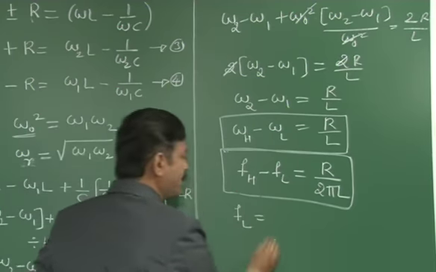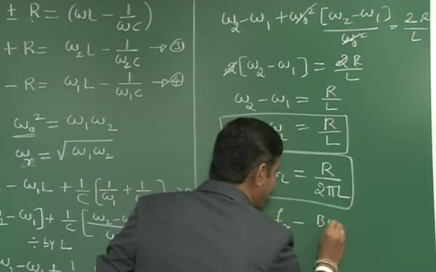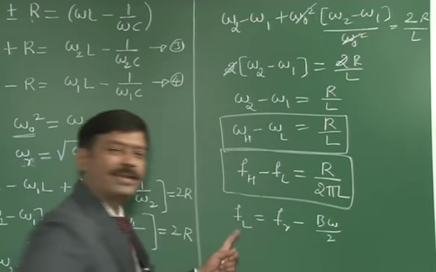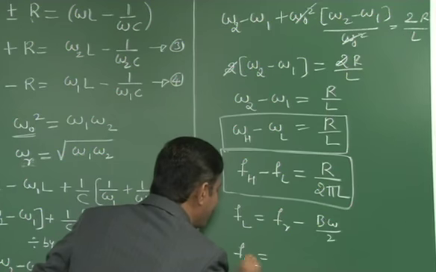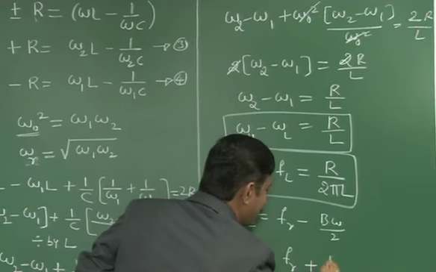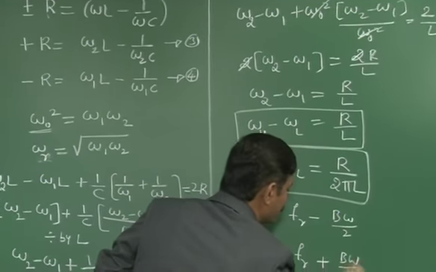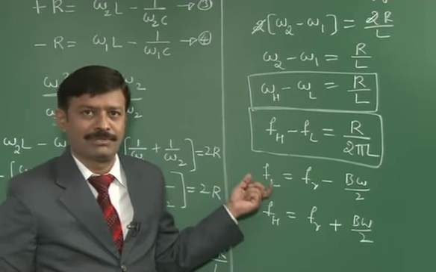FL is equal to FR minus bandwidth by 2, one expression, and the higher cutoff can be calculated as FR plus bandwidth by 2. We can use these two expressions while solving the problems.